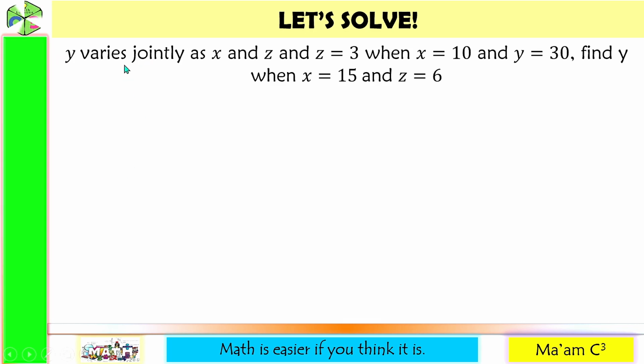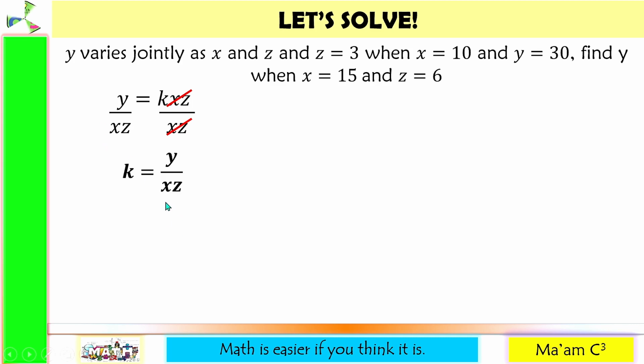Y varies jointly as x and z. This will be y equals k times xz. To solve for the value of k, we are going to divide both sides by xz. This xz here will cancel out, leaving us k. So k is equal to y over xz.